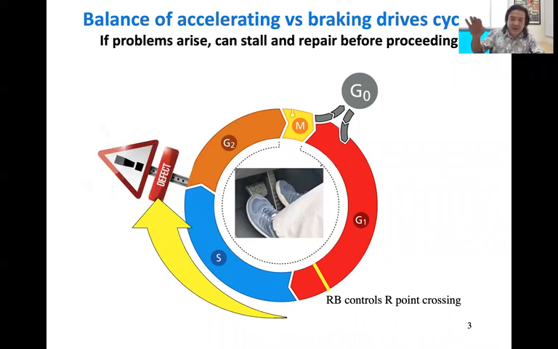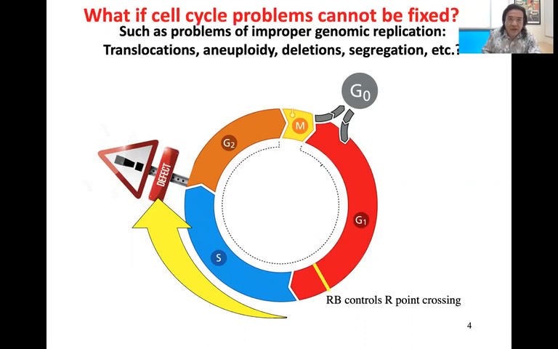So let's say the cell moves past the restriction point into S phase, duplicates its genome, and then at the end of S phase, it detects, whoa, there's a problem here. There's a problem that happened, maybe with the replication of the genomic material. Some problems, like minor DNA mistakes in replication, might be repairable by some enzymes going to work and fixing something.